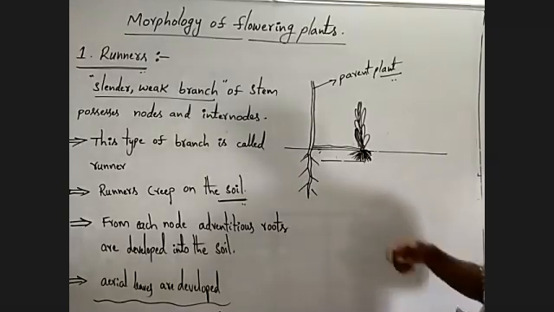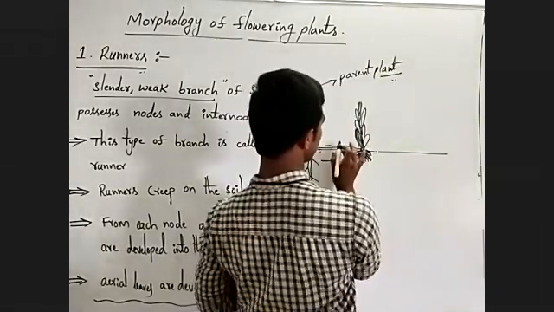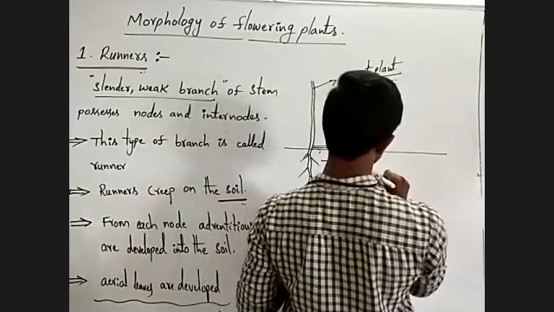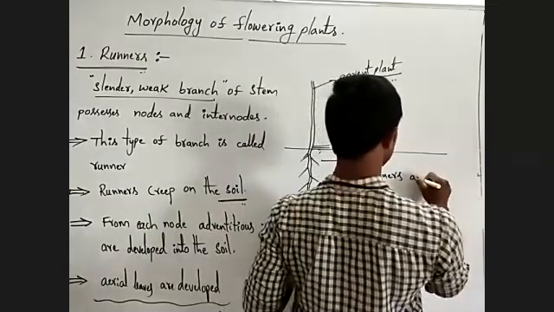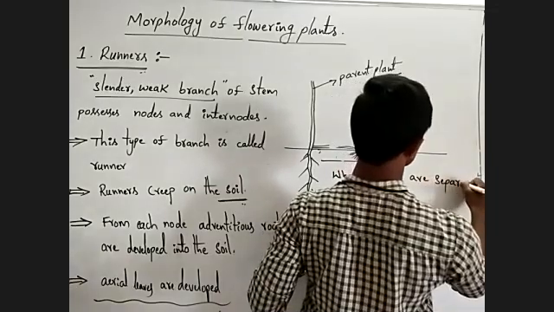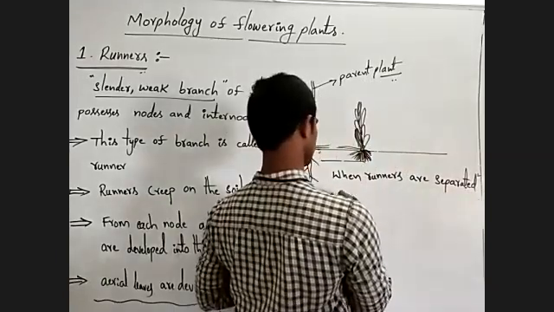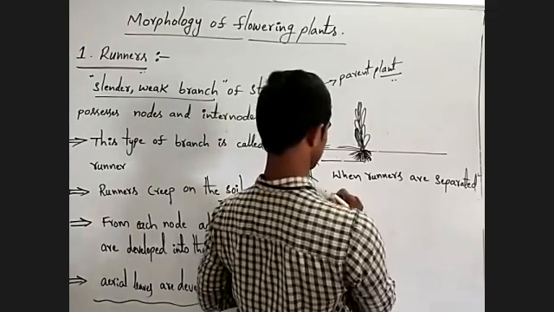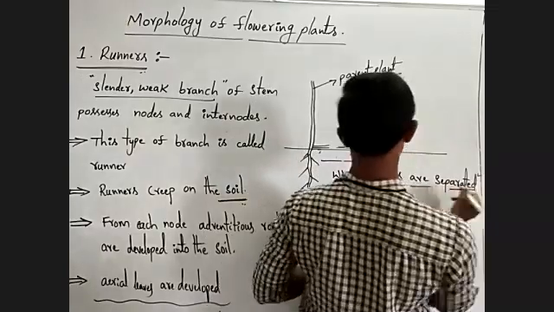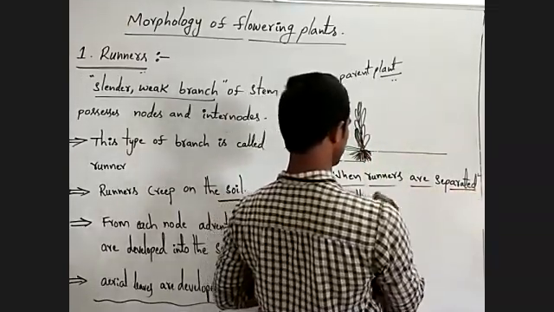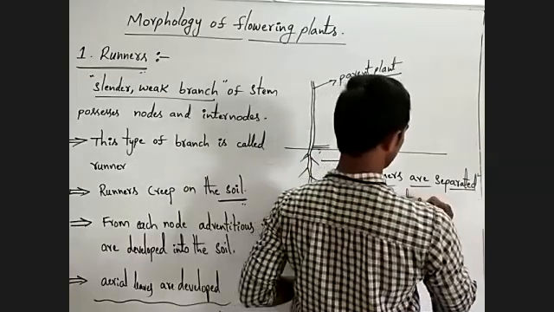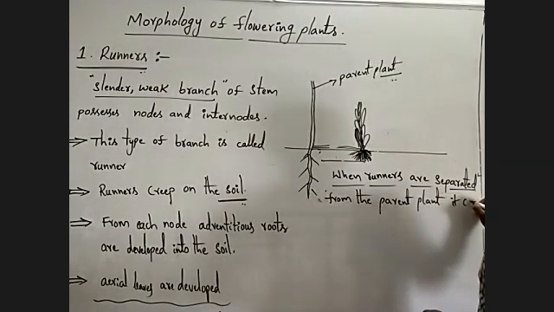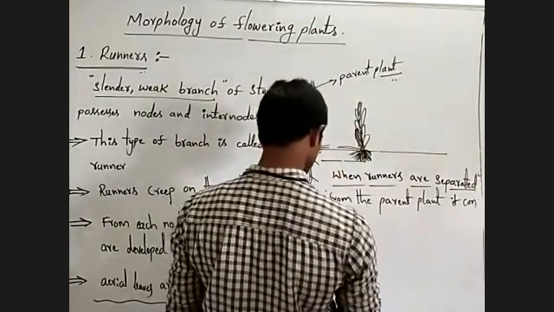Whenever runners are separated from the parent plant, it can grow as independent plant.